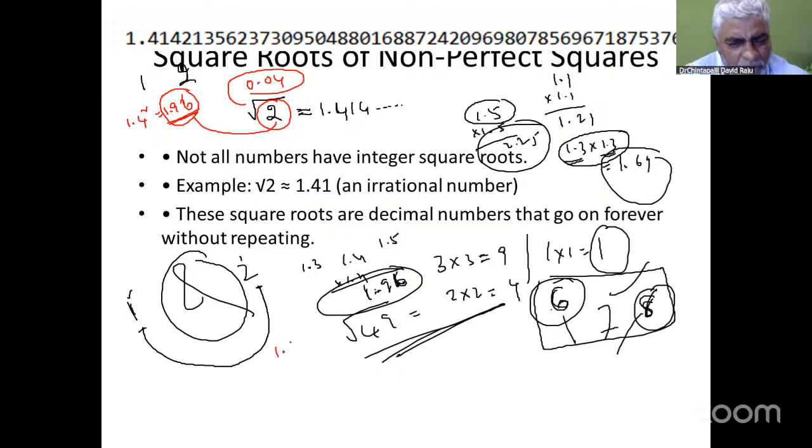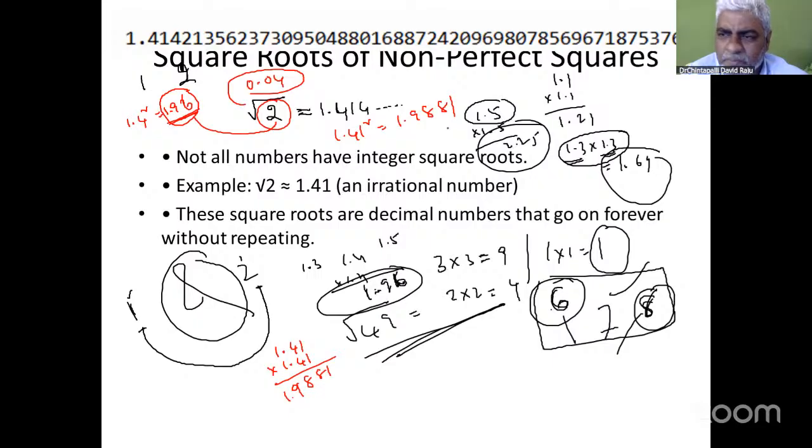we take 1.41. If you take 1.41 and find its square, its square is equal to 1.9881.